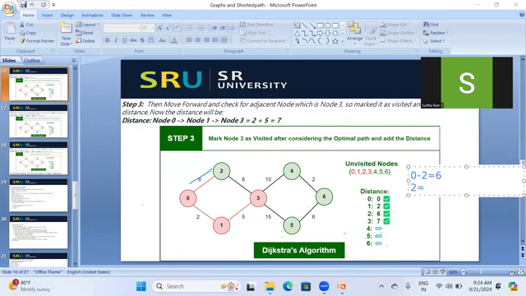Okay, so with this, how many traversals did we complete? We completed the traversing of 0 to 1 as well as 0 to 2. So what nodes did we cover? We covered node 0 and node 1.